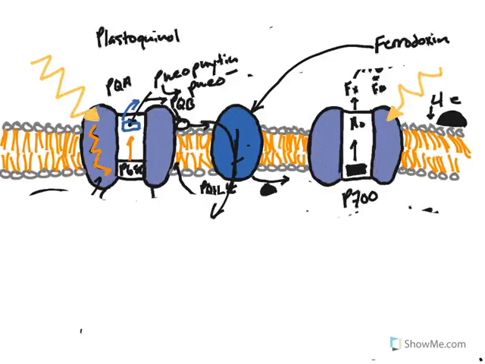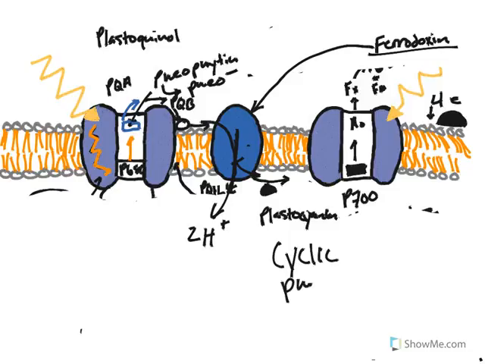And when we take our electrons back to cytochrome b6f, it's going to cause more protons to be pumped in. So if we were taking 2 electrons from ferredoxin back through cytochrome b6f, it would cause 2 more protons to be pumped in. Then our ferredoxin will return to where it was, and our cytochrome b6f will hand off the electrons to plastocyanin, just like it did last time. And we'll just keep doing this to make this proton gradient that will power our ATP synthase.